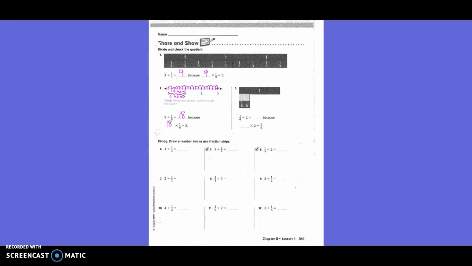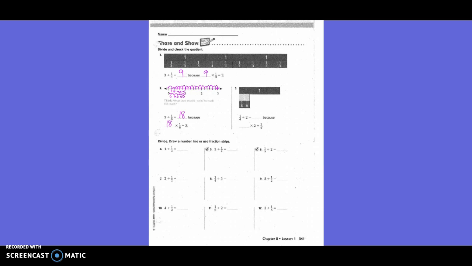Now over here, they gave us 1 whole piece, 1/4 of a piece, and then they broke underneath that, they said 2 1/8 size pieces would make 1/4. And now they want 2 wholes, right guys? So technically, if you were going to draw this out, you would have to have a whole other full piece, a whole bunch more 1/4 size pieces, and a whole bunch more 1/8 size pieces, right?